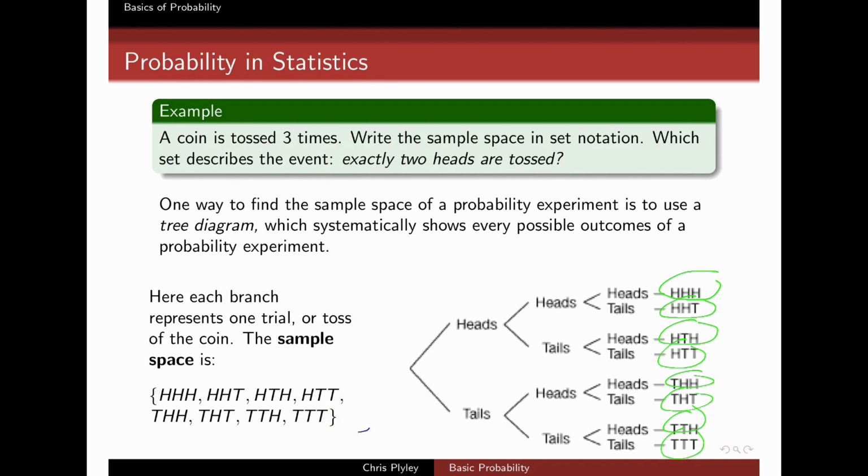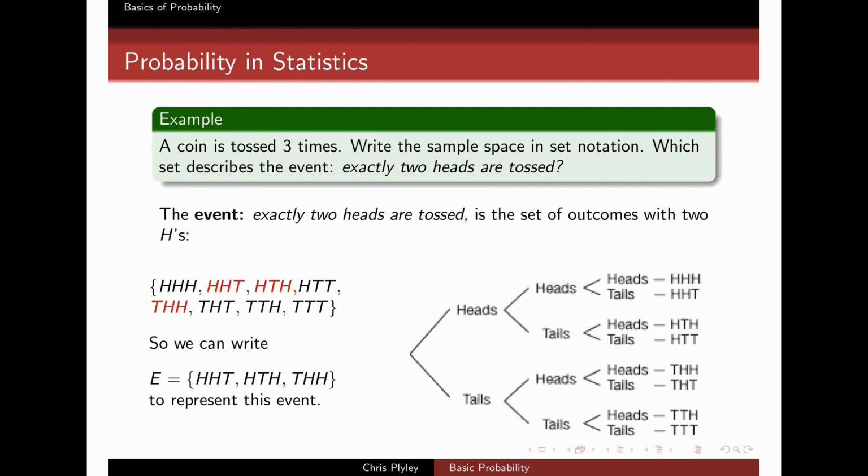So back to our original question, which subset of this set of 8 total outcomes would describe the event where exactly 2 heads are tossed? Well, the answer is just look at my sample space and tell me which of these involves me tossing exactly 2 heads. And it's easy enough to see it doesn't include this because here I have 3 heads. Since I said exactly 2 heads, that doesn't count.